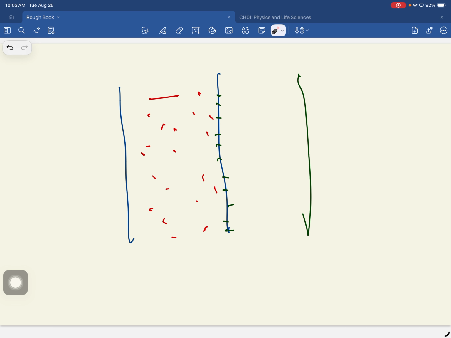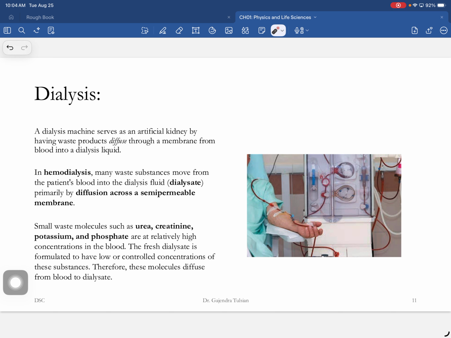So in hemodialysis, many waste substances move from the patient's blood into the dialysis fluid, called the dialysate, primarily by diffusion across a semi-permeable membrane. Molecules such as urea, creatinine, potassium, and phosphates are at relatively high concentration in blood.